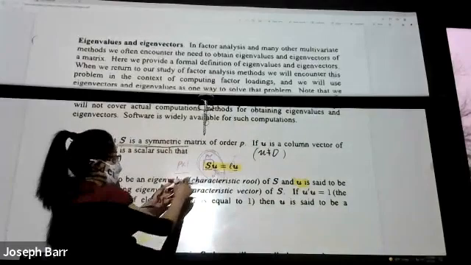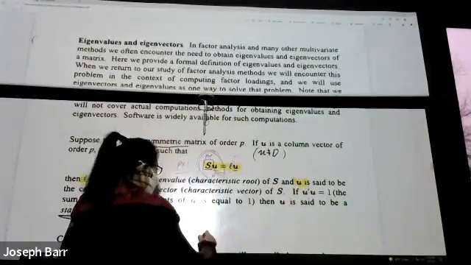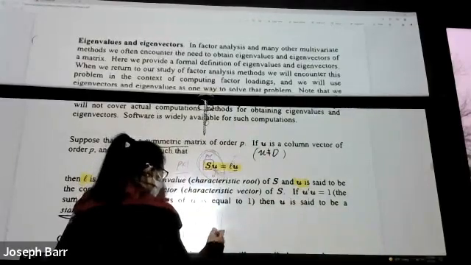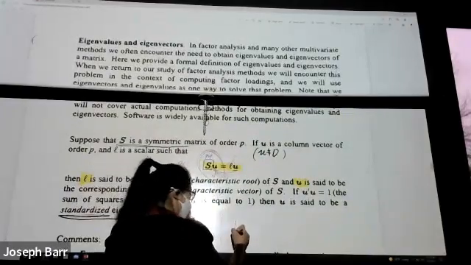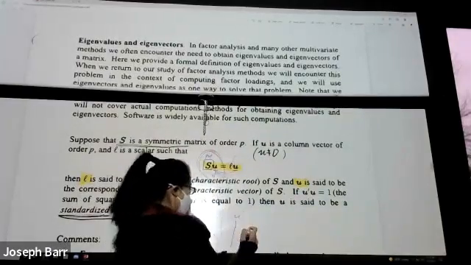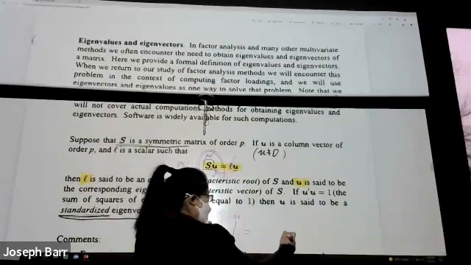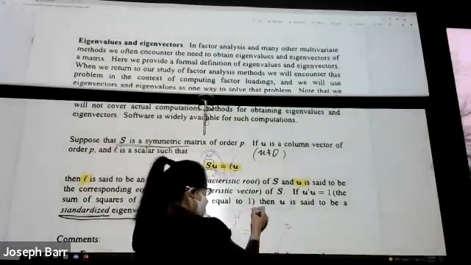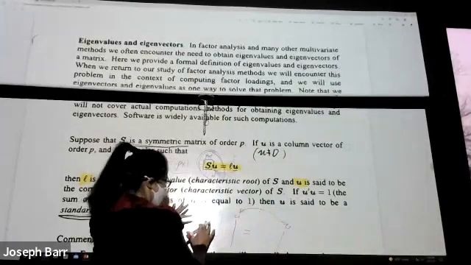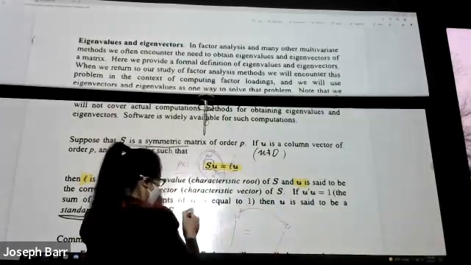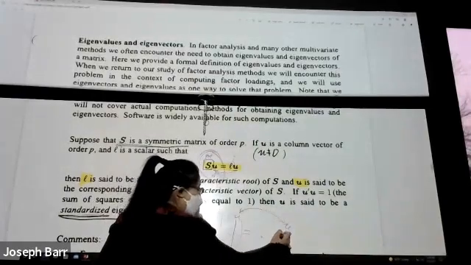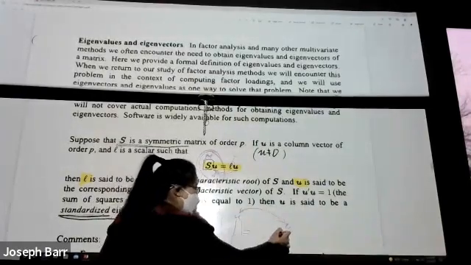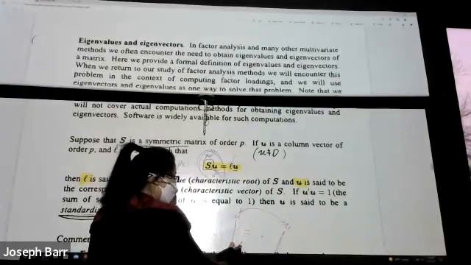So S is a matrix. We have a lot of numbers here. And then we find a U vector here, and after we do the multiplication, it becomes a scalar, a number, times the same vector.